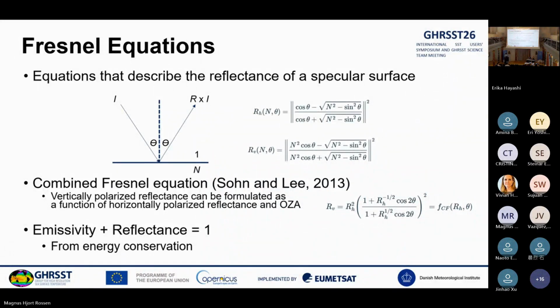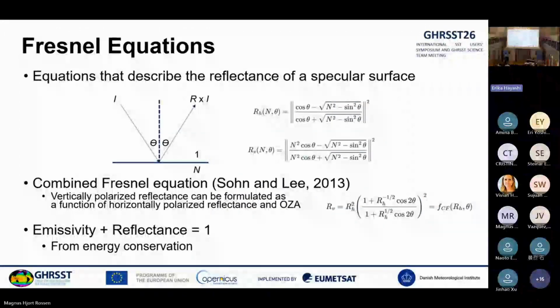My previous colleagues Sohn and Lee developed a combined Fresnel equation, which is a combination of those two equations, and you can remove the theta dependency from it. The relationship between the vertically polarized reflectance and the horizontally polarized reflectance removes the refractive index, sorry, so it is only a function of incident angle.